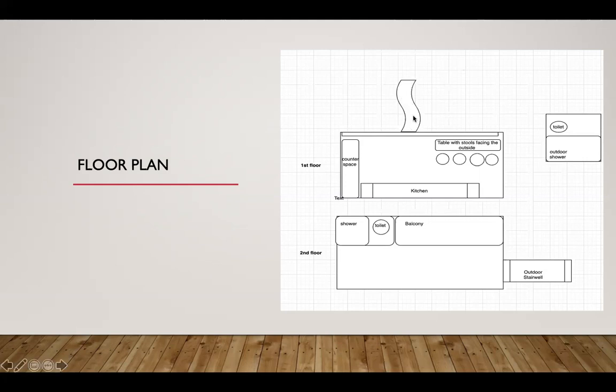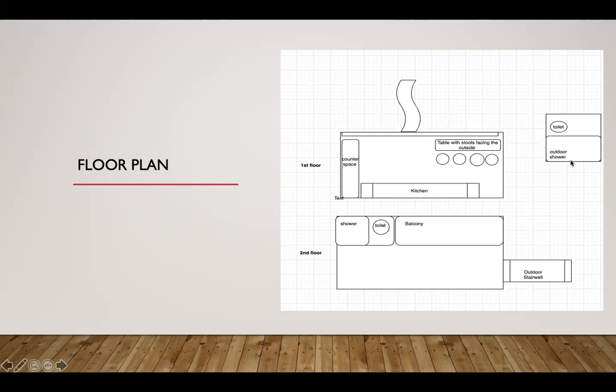The entrance here is just a little walkway, but the reason why I didn't make it straight is because there are some plants here, and I wouldn't want to get in the way of the natural vegetation or natural trees that are growing.